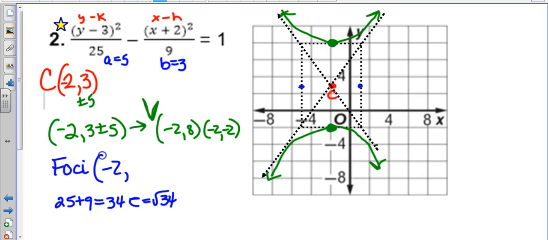So I get -2, 3 plus or minus the square root of 34, which is roughly, this is about 6, so I get about 9. And 3 minus 6 would be -3. Those are just estimates. You can do decimals to get a better picture of where those foci are.